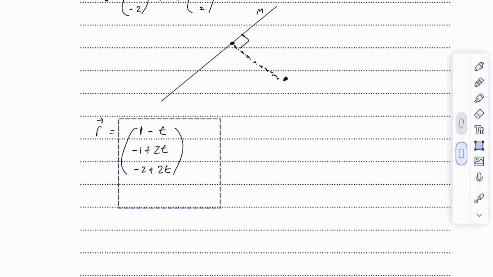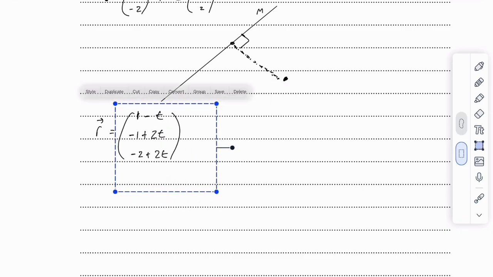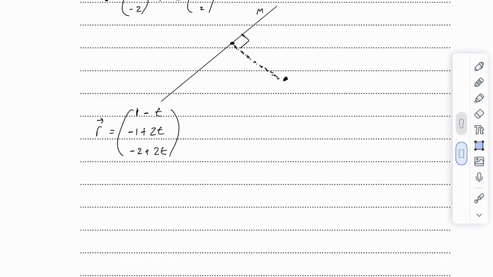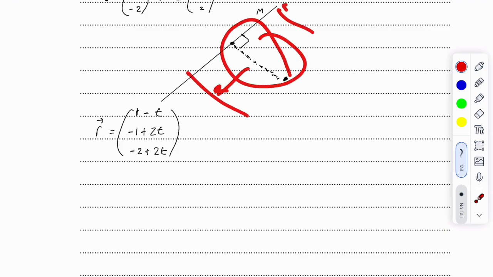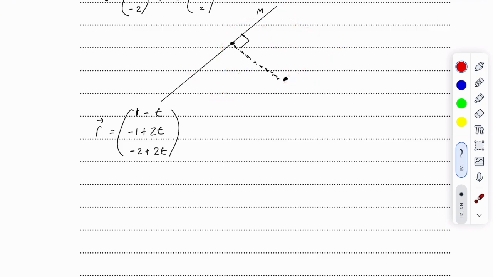We don't know where it lands yet, which is why it's generic. That's what makes it generic, because we don't know what the t is. It could be down here, it could be up here. We don't know yet.